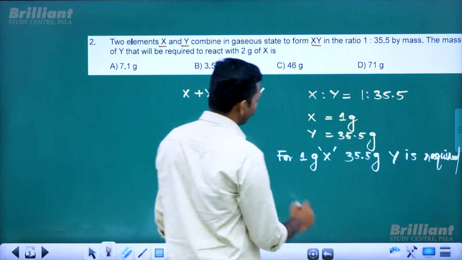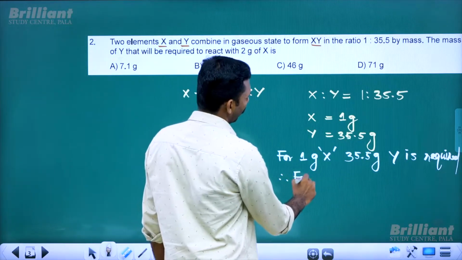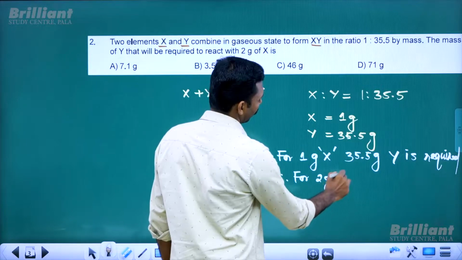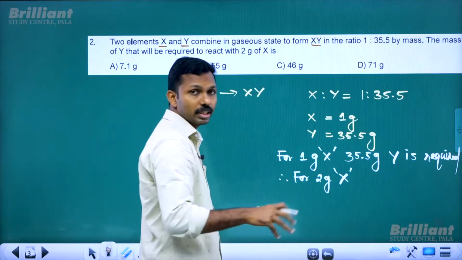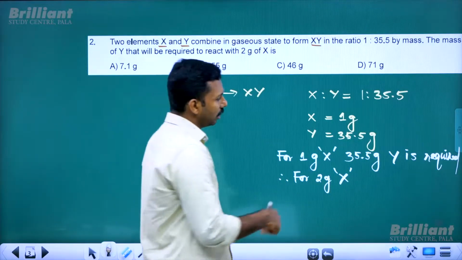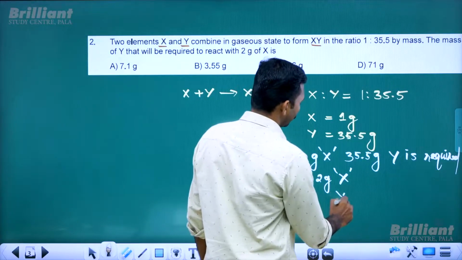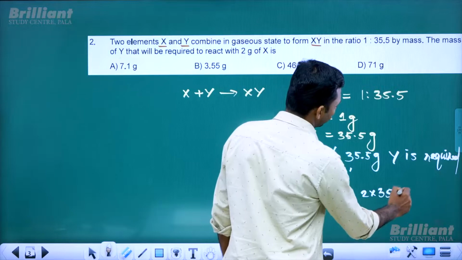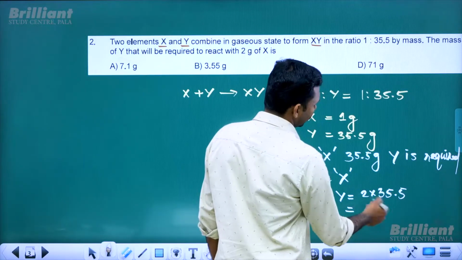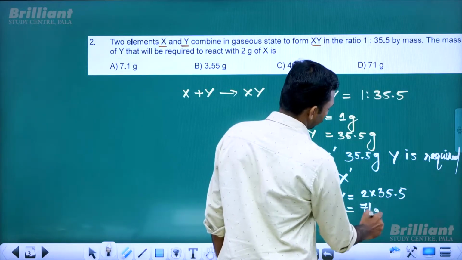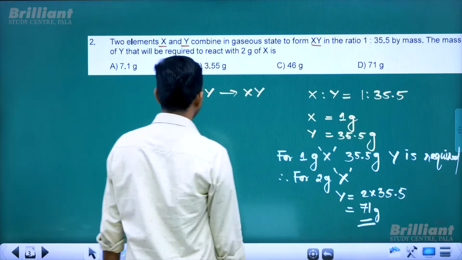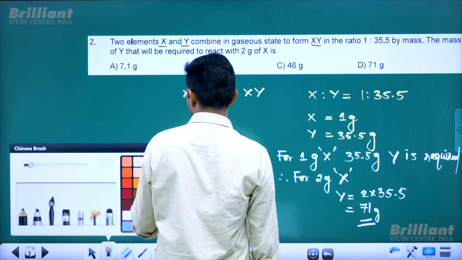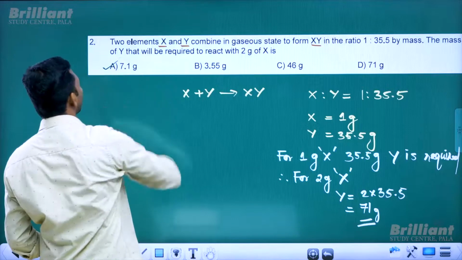Therefore, for 2 gram X, if X is doubled, then what will be the mass of Y? Y is equal to 2 into 35.5, that is equal to 71 grams. So which will be the answer option here? Yes, it is 71 grams.